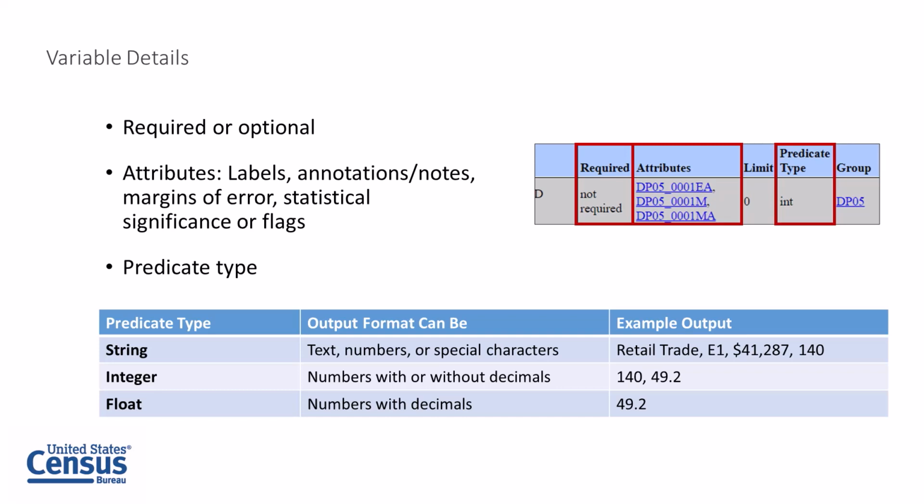The second predicate type, integer, tells you that your output will be in the form of numbers with or without decimals. For example, you could get an output value of 140 or 49.2. Another predicate type, float, tells you that the output for your variable will give you data for numbers with decimals. As an example, 49.2.